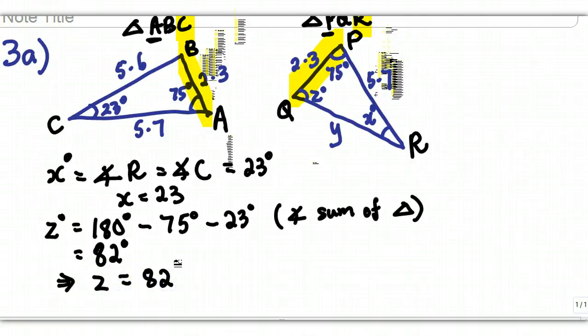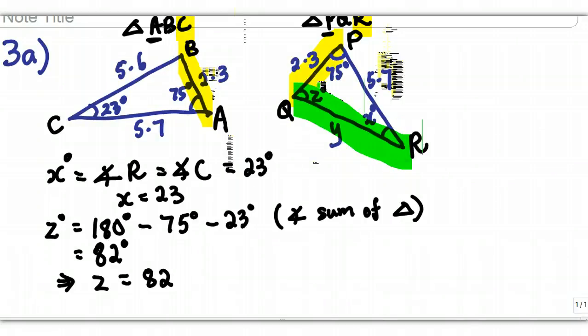Which leads me now to find the last unknown, Y. Looking at Y here, we know Y corresponds to QR. And if we want to look for the corresponding side on the other triangle, QR will correspond to BC.